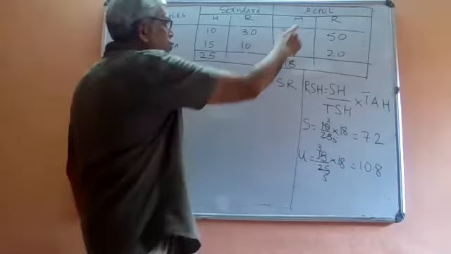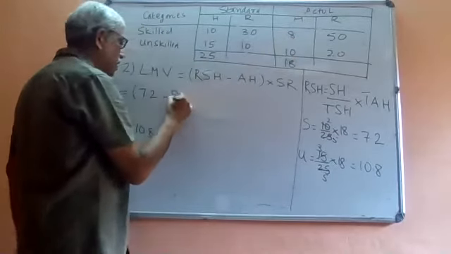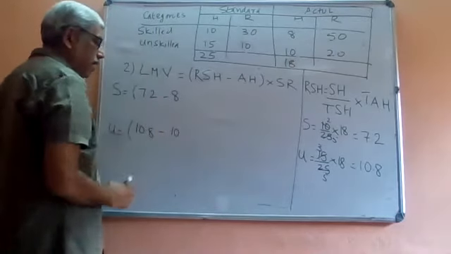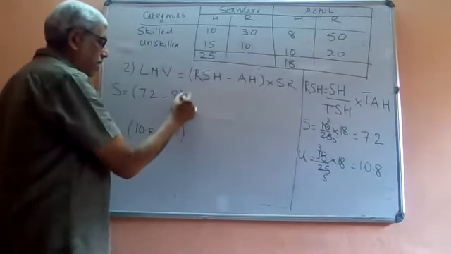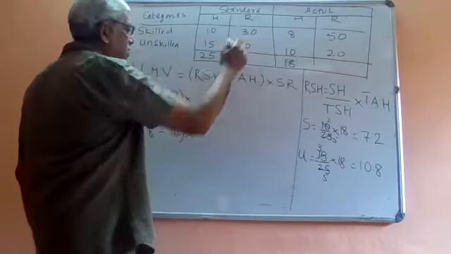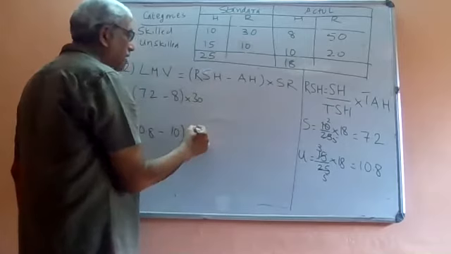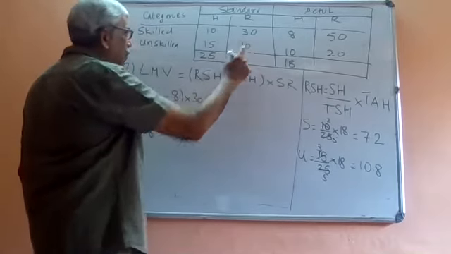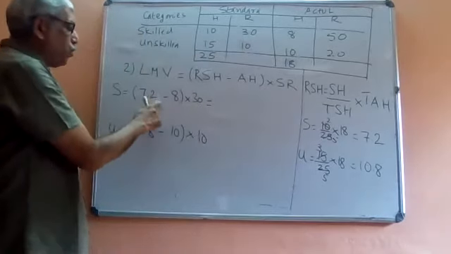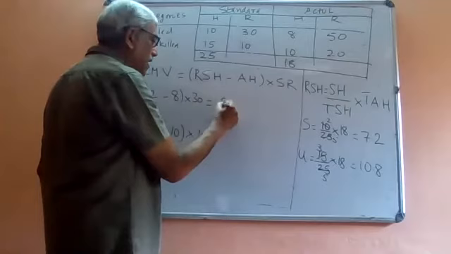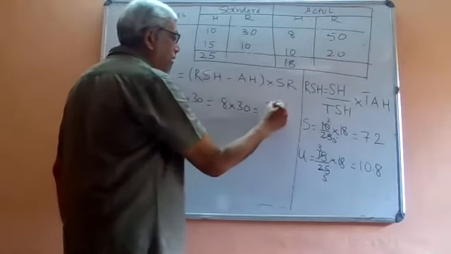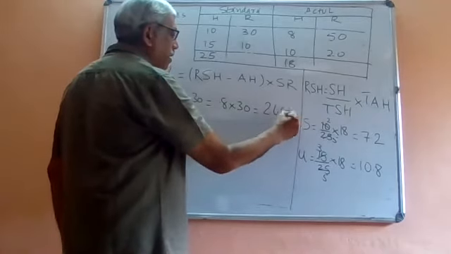Actual hour for skilled is 8, and for unskilled is 10, into standard rate. Standard rate for skilled is 30 and for unskilled is 10.